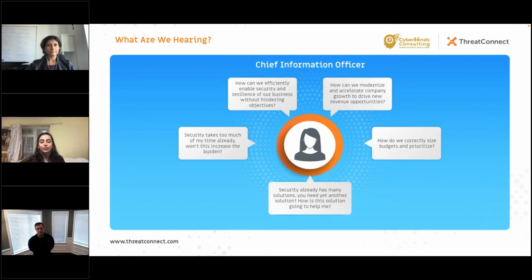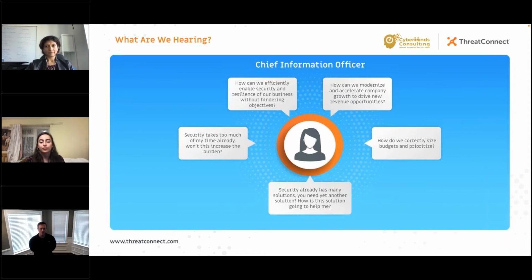That's a good answer. The burden is a great point as well. Typically security is anywhere from 5 to 10% of the overall IT budget for an organization, yet it's a noisy 5 to 10% of the overall IT budget as well.